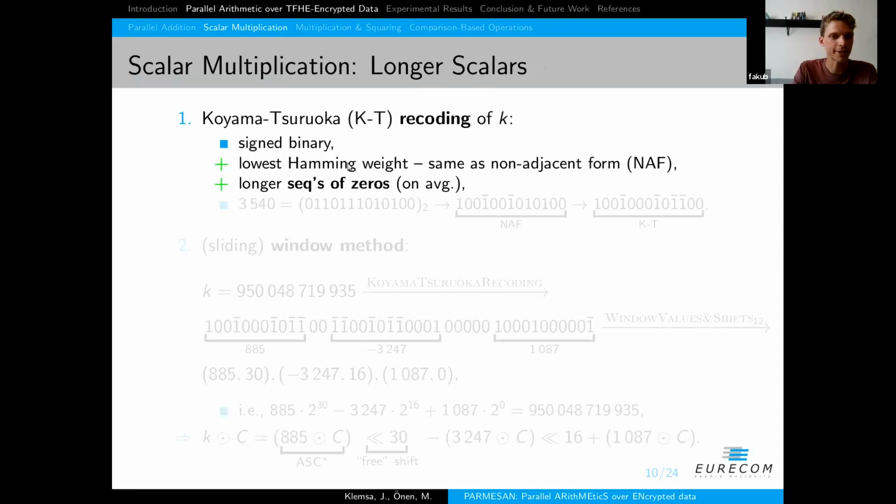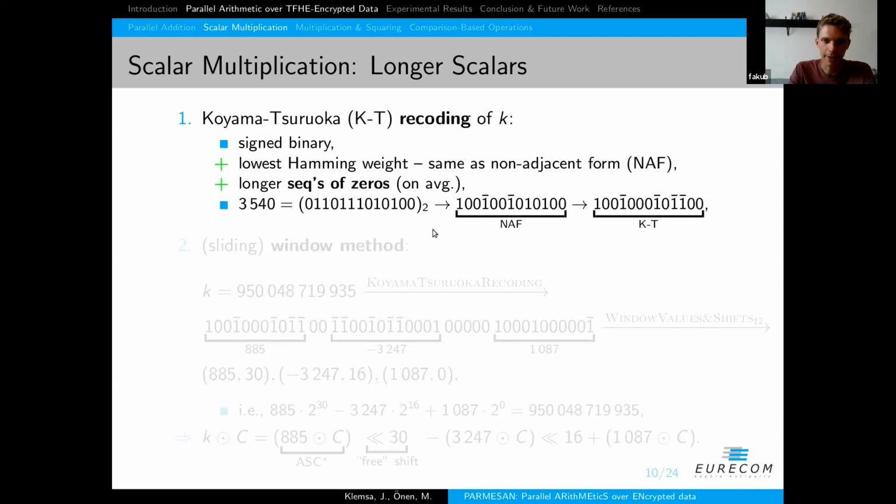Among all signed binary representations, it achieves the lowest Hamming weight, which is the same as for non-adjacent form, which also achieves the lowest Hamming weight. But compared to non-adjacent form, it has longer sequences of zeros on average, which we might see in this example. Having this number written in binary, we can rewrite it into the signed binary in the non-adjacent representation.